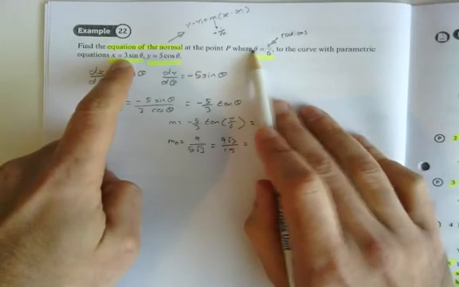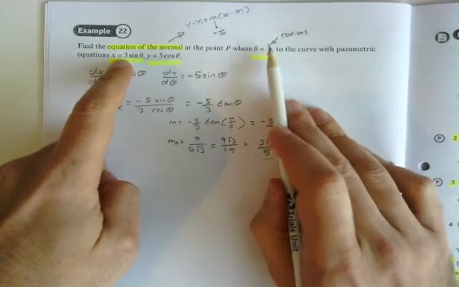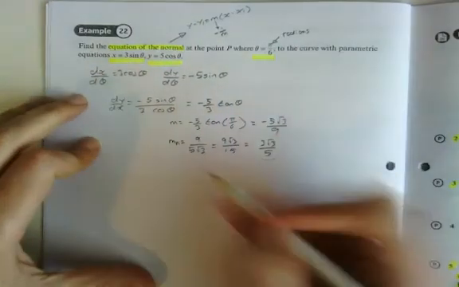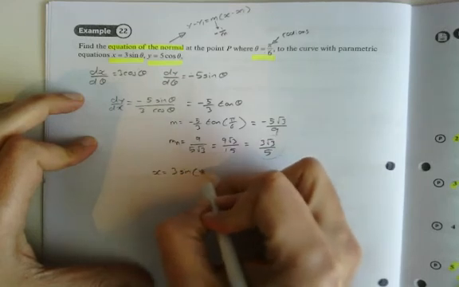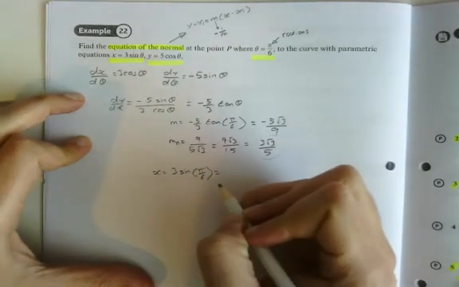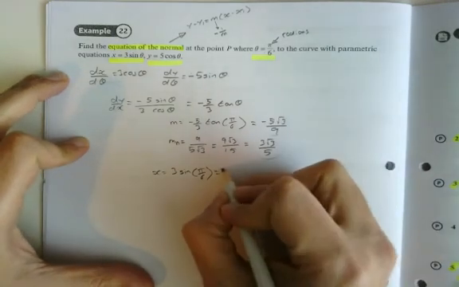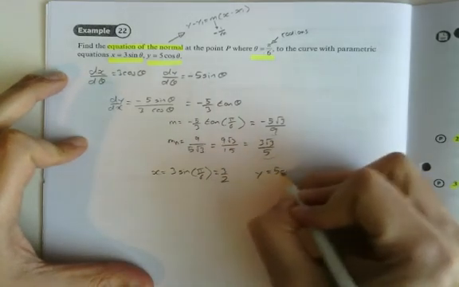Okay, so to figure out your coordinate, I have a value for theta. If I want a coordinate at that value for theta, I just sub that value for theta into there and there. Okay, so x is going to be 3 sine pi by 6. Plug that into your calculator, you're going to get 3 over 2.